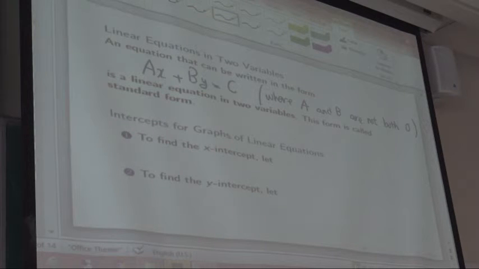Then we say that ax plus by is equal to c is a linear equation in two variables. If we have two non-zero values, that is a linear equation in two variables. If we have just one variable, which is ax is equal to c, that is obviously a linear equation in one variable.